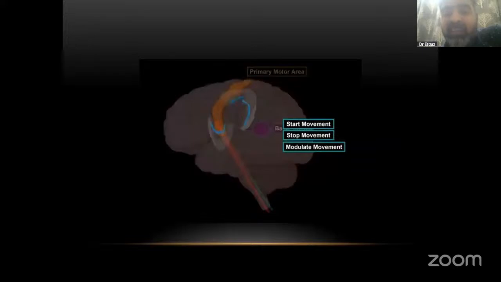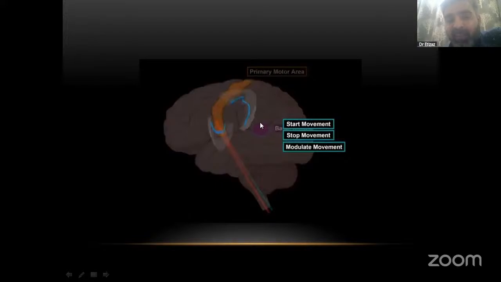There is another important, beautiful relationship here. Actually, what happens is that the corticospinal tract sends the information for any kind of movement or response. When this information goes downward, it does not go directly to the spinal cord. At the level of the basal ganglia, this information will go to the basal ganglia.